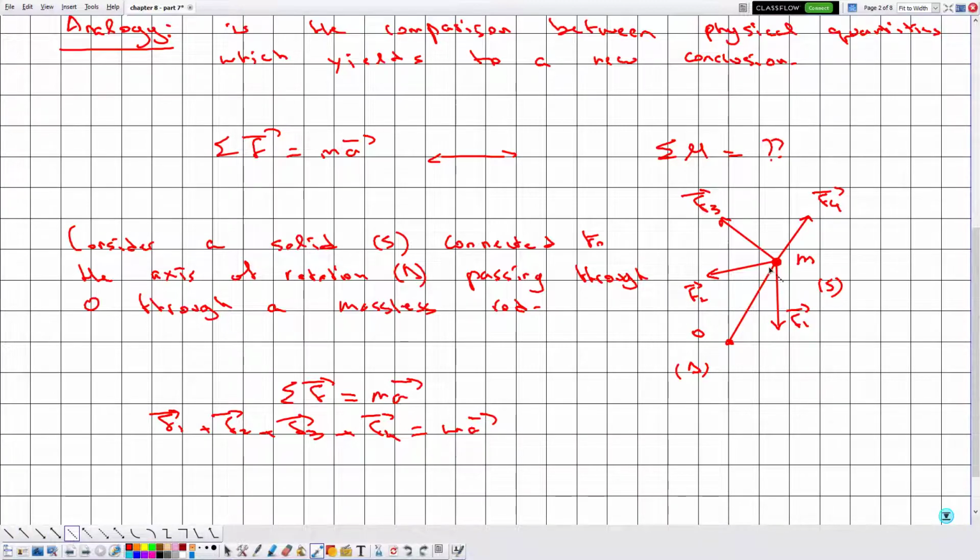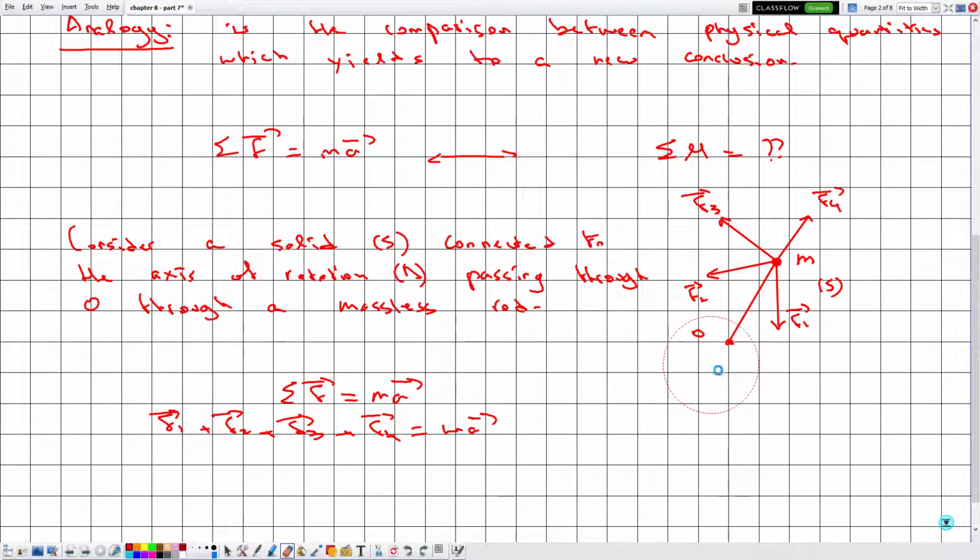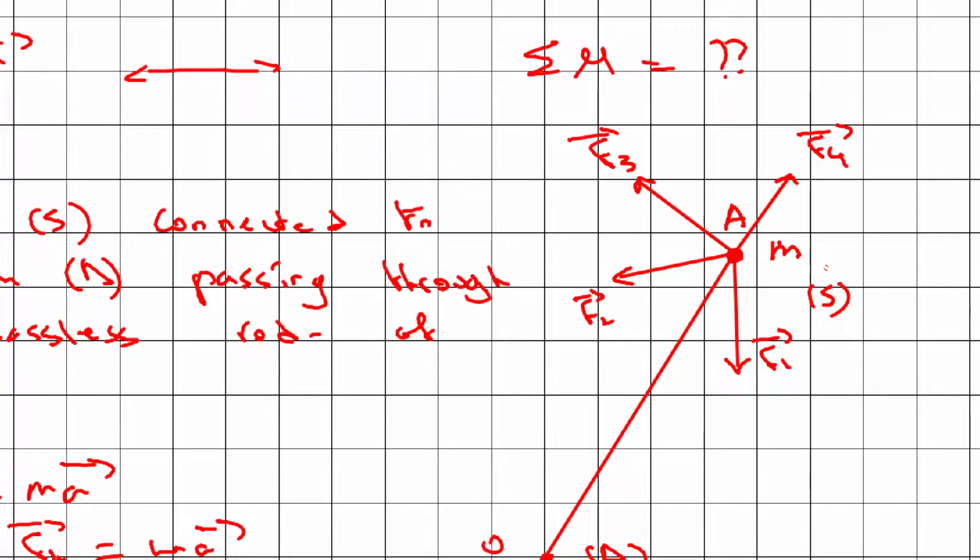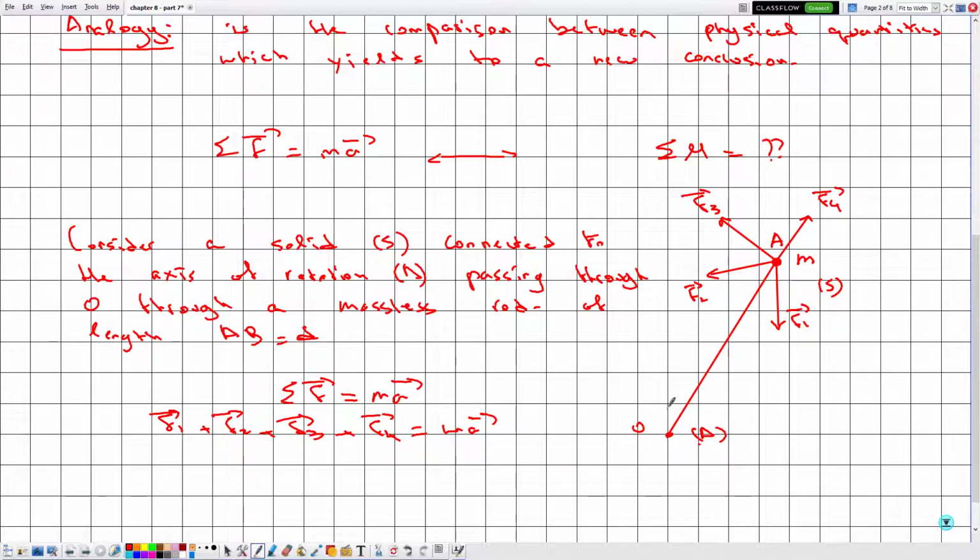Let me say this distance here, so consider a solid S connected to the axis of rotation delta passing through O through a massless rod of length AB equal to D. All of these forces have the same point of application, which is given by A. The solid S, which is able to rotate around the axis delta, has the mass M, and this is the point B. Let me say this is AO.